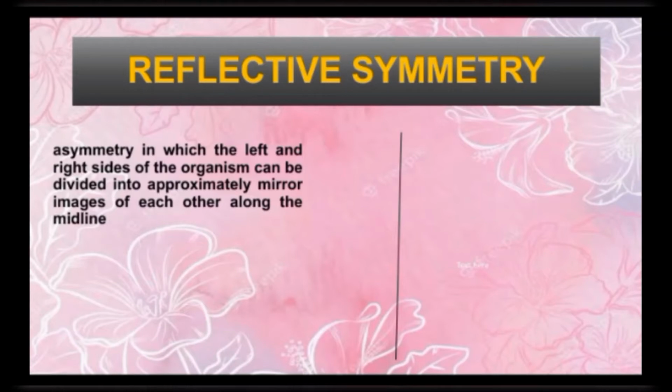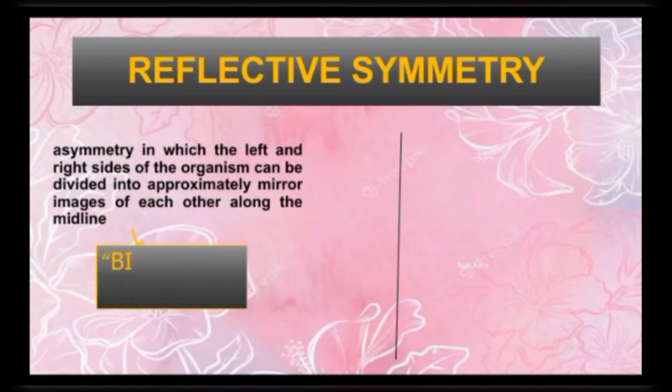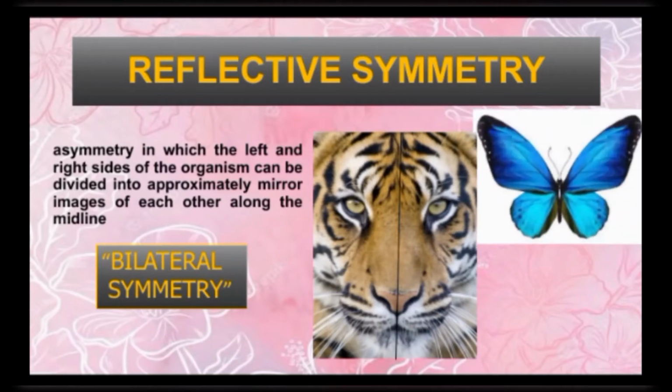Symmetry indicates that you can draw an imaginary line across an object and the resulting parts are mirror images of each other. It is also called bilateral symmetry.